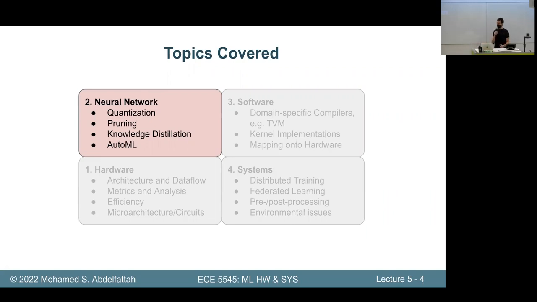Someone contacted me from a startup doing automated phone support. They want to replace phone support people with an automated system that speaks back to you, like an AI system. And I told him, why are you talking to me? I build hardware and I do efficient machine learning. He said, we need that anyway, even if we're implementing our solution in the cloud, it's all a dollar cost to us.